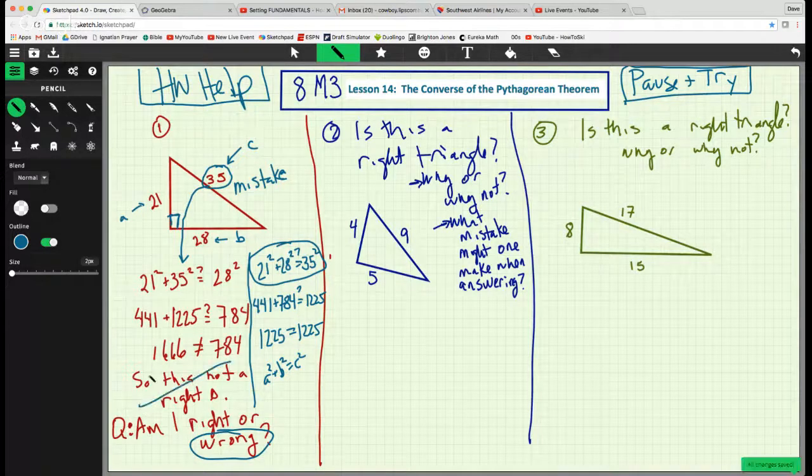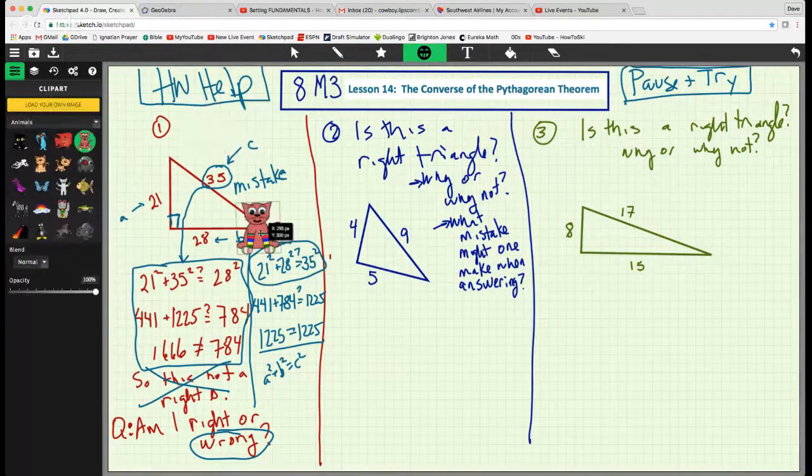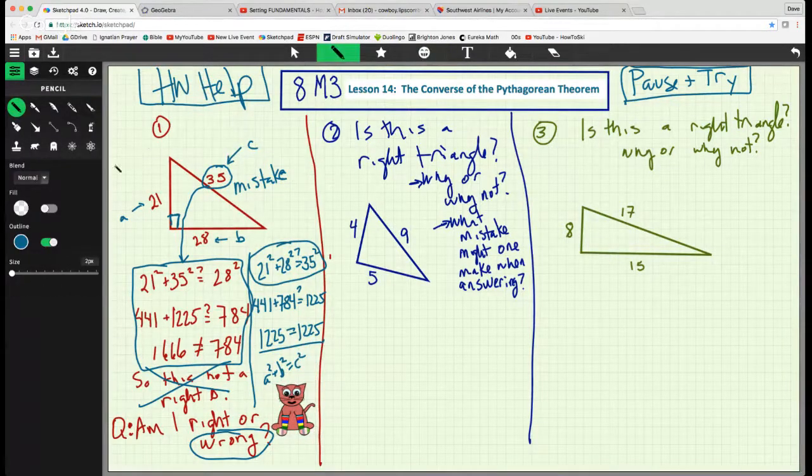This was invalid. So here was my mistake. Hopefully you caught it, and we will give you a happy cat for catching it and saying, yes, it is a right triangle, or no, my math was wrong. This is a right triangle.